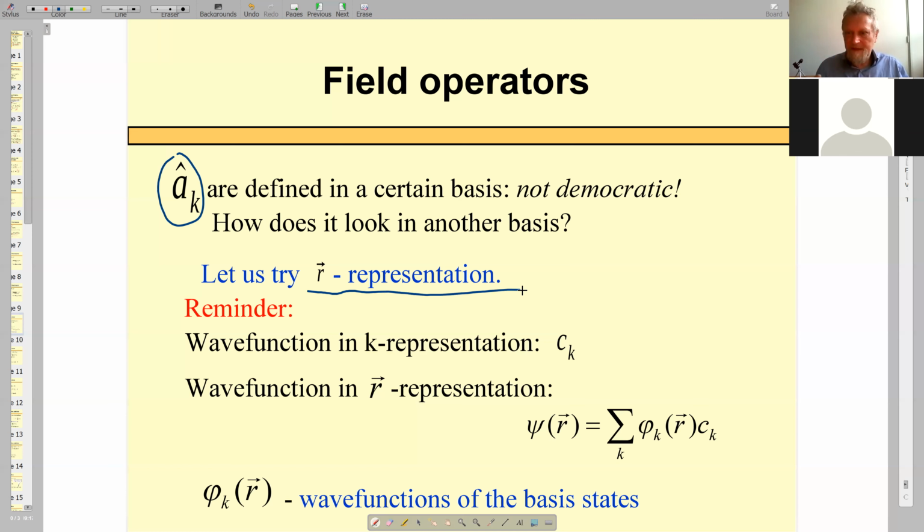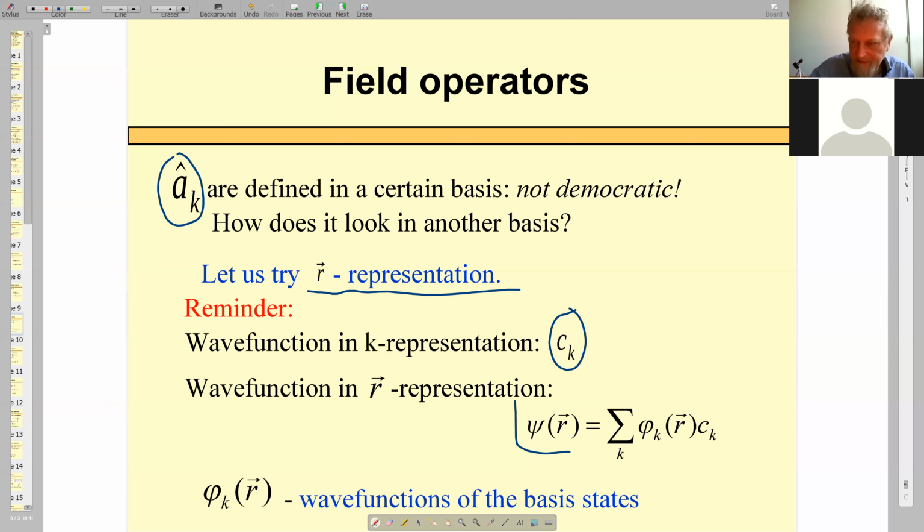Let us first recall how wave functions are transformed upon the change of representation. So if the wave function in the representation of the levels is just a set of numbers c_k corresponding to each level, to get it in our representation, what shall I do?